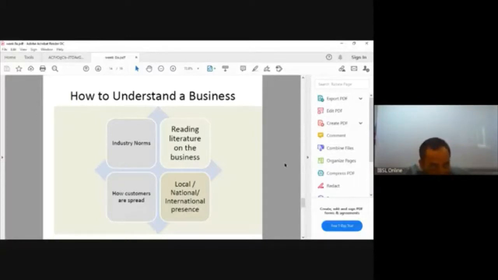If you look at Dilma Tea, how they are competing internationally really speaks about their business, because doing something locally is different, and competing with other countries and establishing the brand internationally is a big thing, right? We don't have many businesses in Sri Lanka doing that. Dilma is one of them, right?